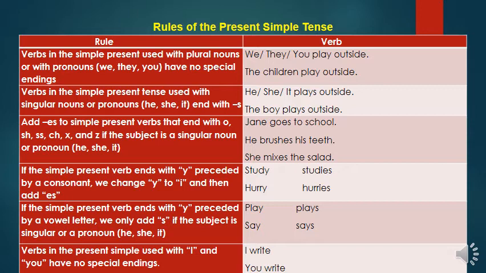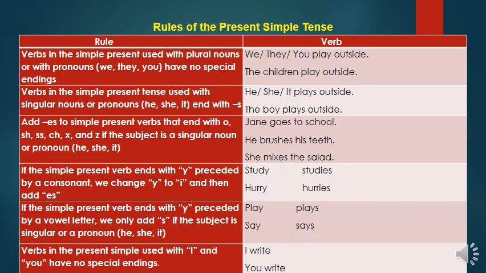Now, rule number 4. If the simple verb ends with y preceded by a consonant, we change y to i and add es. Let's see the example. Study. D precedes y, and it's a consonant letter, it's not a vowel letter. That's why we cross the y and add ies, like studies. Also, worry.